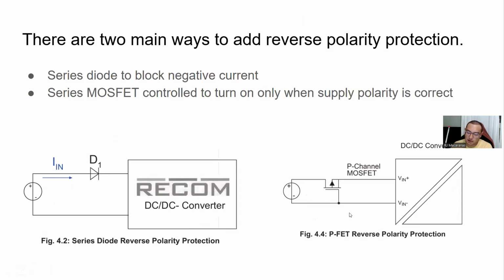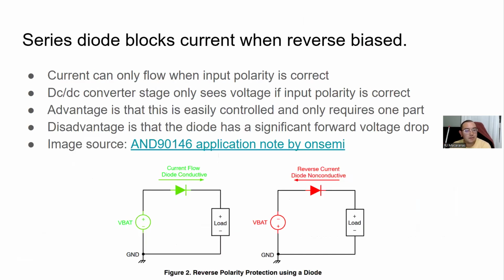In this case, this is a PFET, right? A P-channel MOSFET that's being used for reverse polarity protection. And so one thing to note is that MOSFETs need to be connected very specifically depending on what kind of MOSFET you're using, right? So there are P-channel MOSFETs and N-channel MOSFETs. You can't just connect them arbitrarily. You need to be careful with how you're using them.